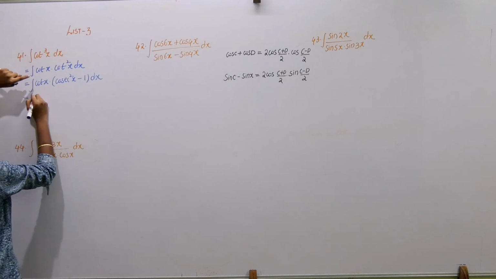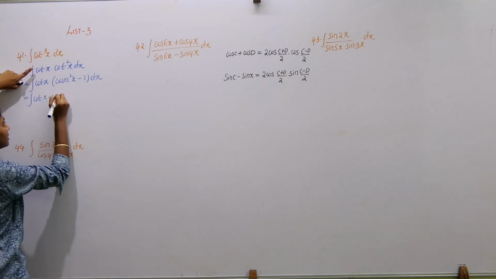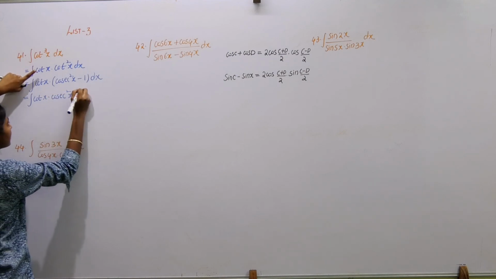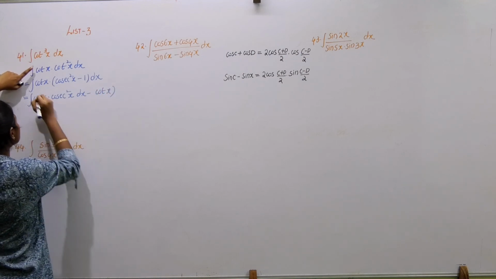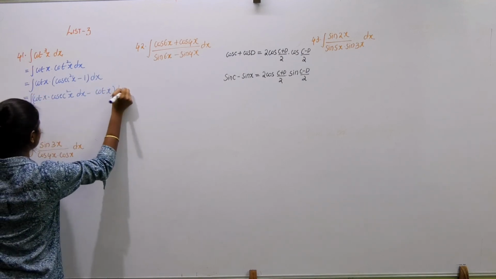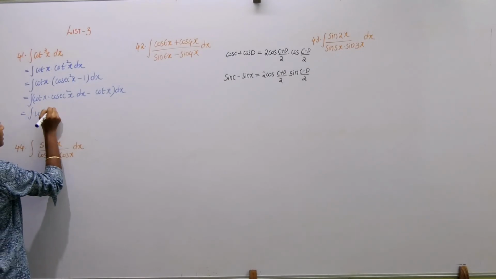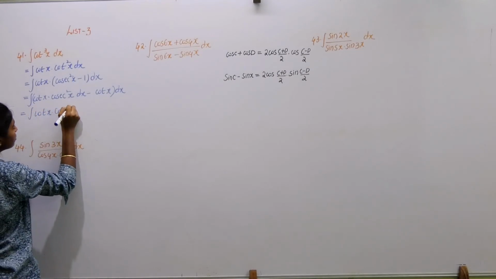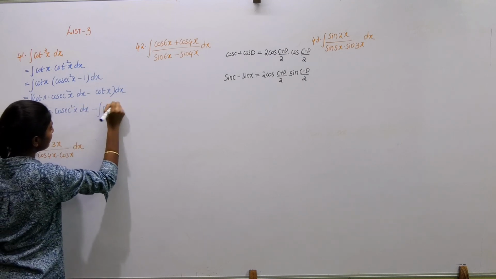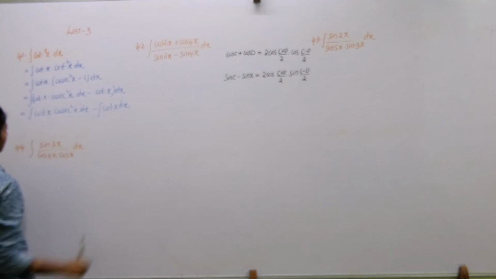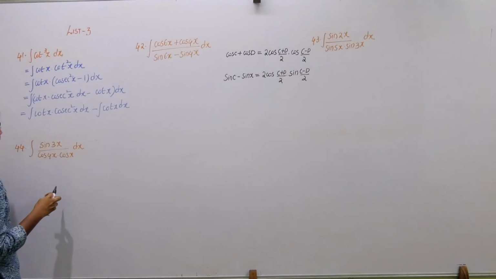It equals integral, I am multiplying cot x inside, cot x into cosecant square x dx minus cot x dx. Now separating integration for each term, we have integral cot x into cosecant square x dx minus integral cot x dx.